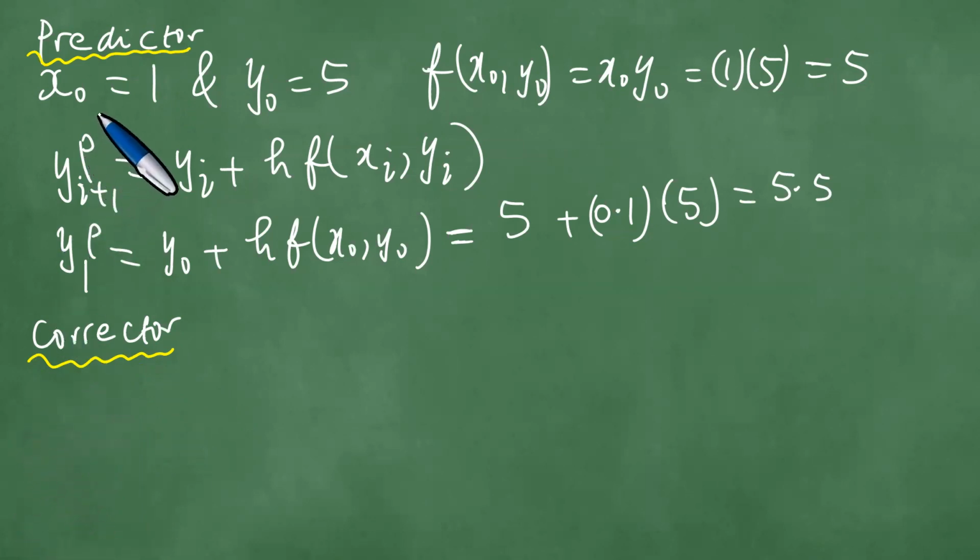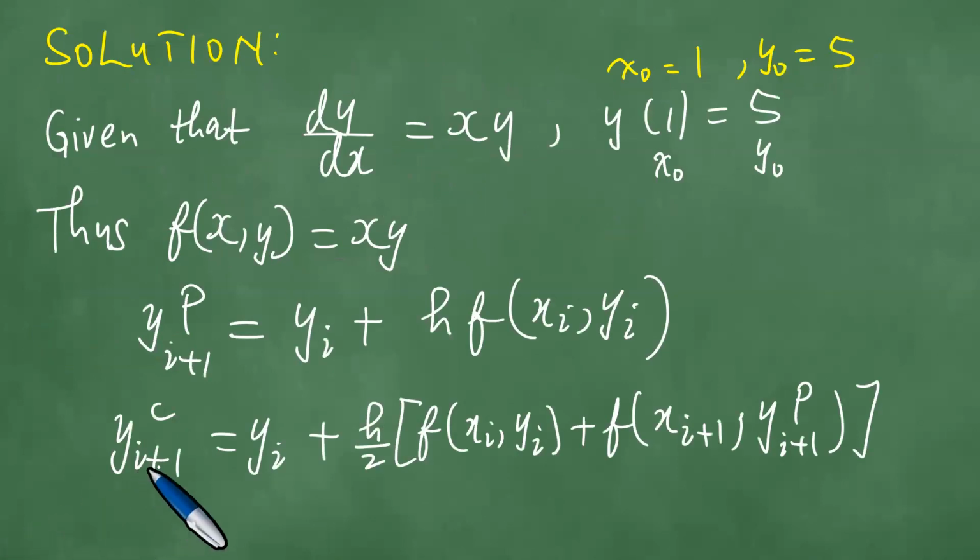After I've done the corrector and the predictor, we shall do the table. So if x0 is this, the corrector is always at the next step. It is most certainly always computed at yi plus 1.